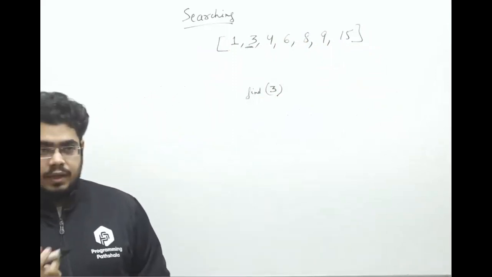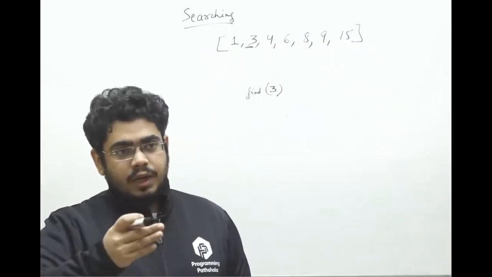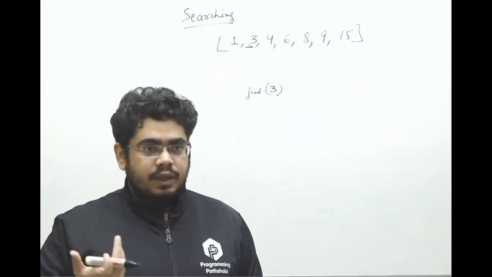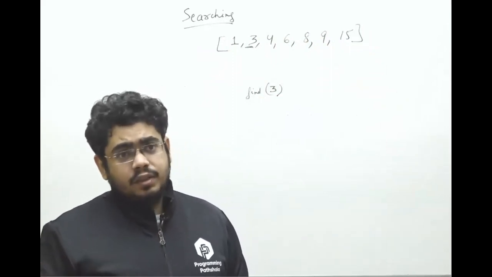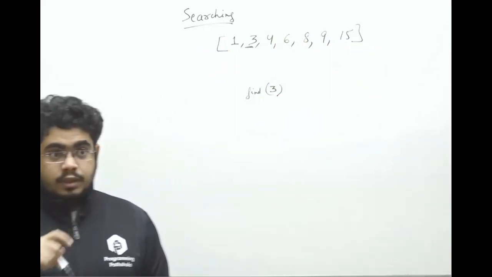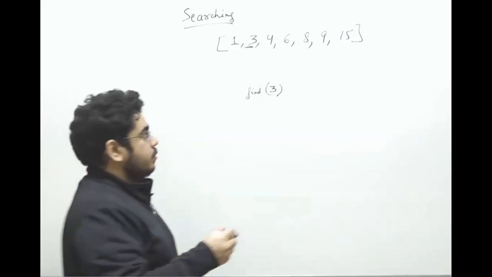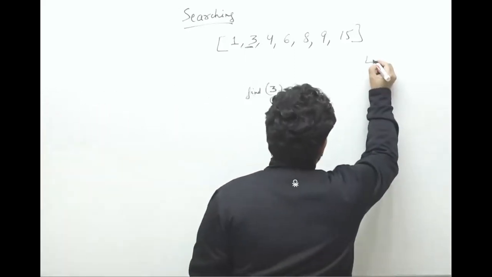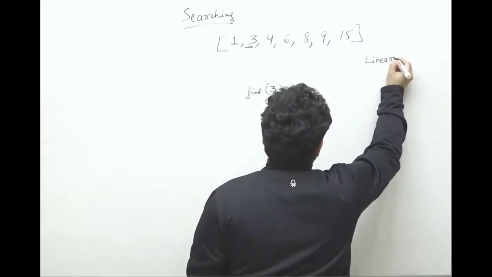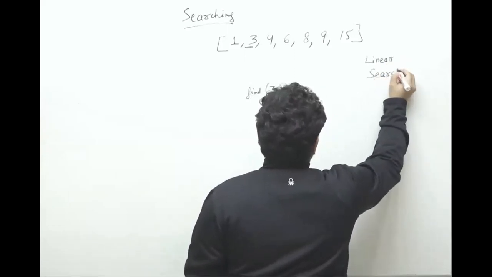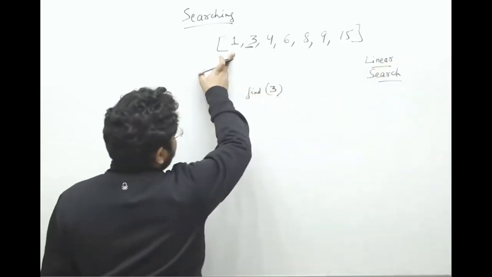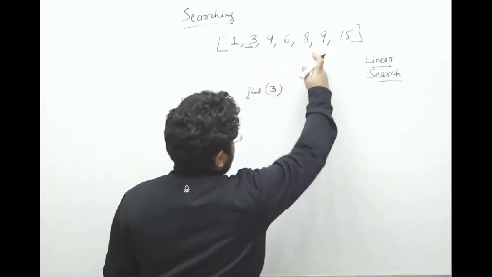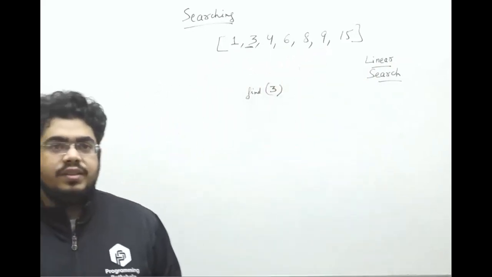Does that seem like a possible solution? Running a loop, checking if it's 3, and if it's 3, then answering yes, otherwise no, right? So that simple algorithm is called a linear search. So we are going linearly over the array and checking if any of the elements is 3.